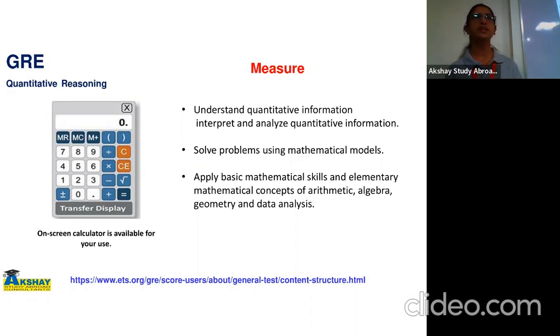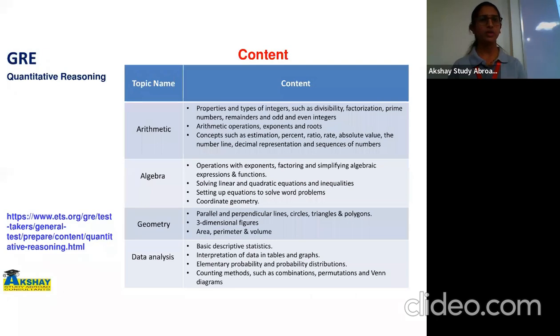Like an engineering calculator, you cannot use sine, quadratic equation, linear equation. No. You have to use only plus, minus, multiplication, division, and one additional is given there, that is square root. That's it.